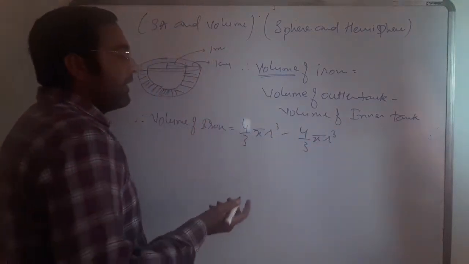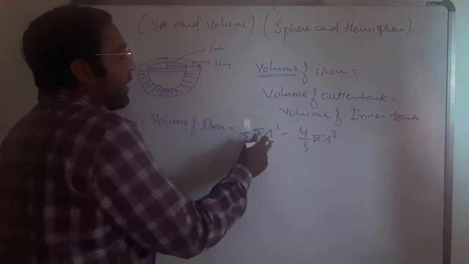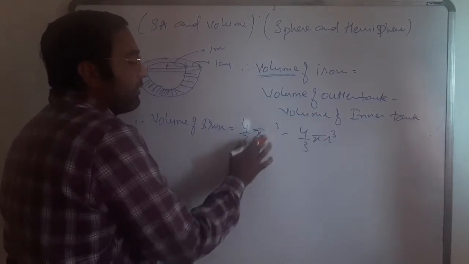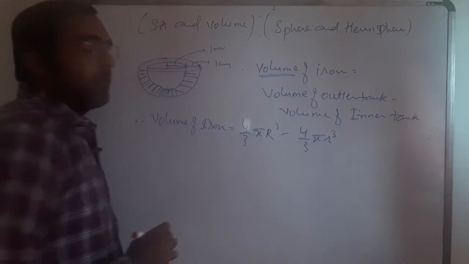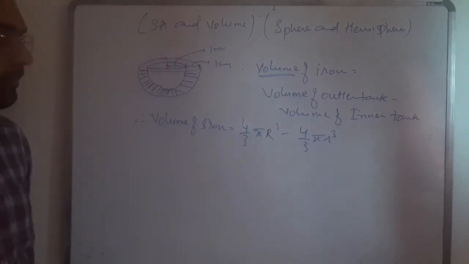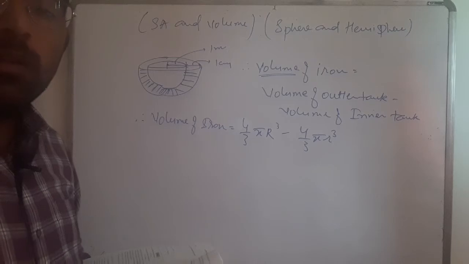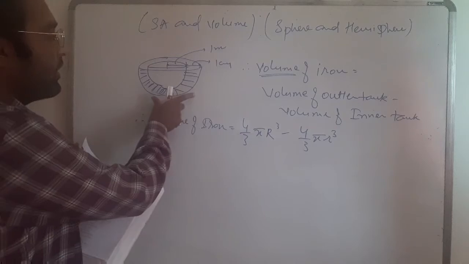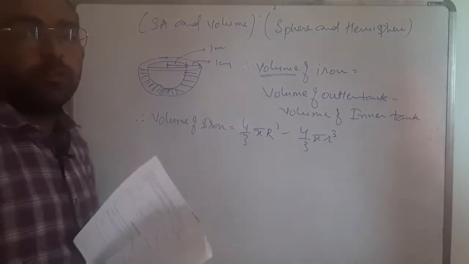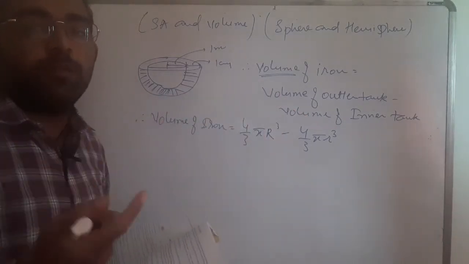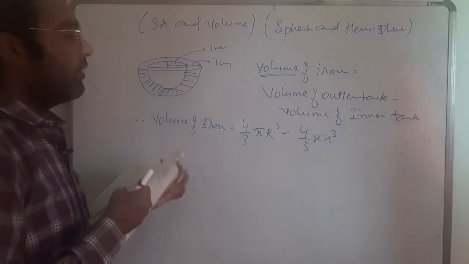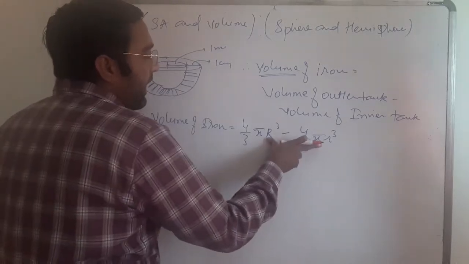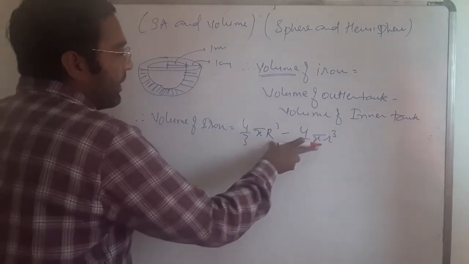The important difference is that one radius is the outer radius and the other is the inner radius, so we have to denote them differently, as capital R and small r.